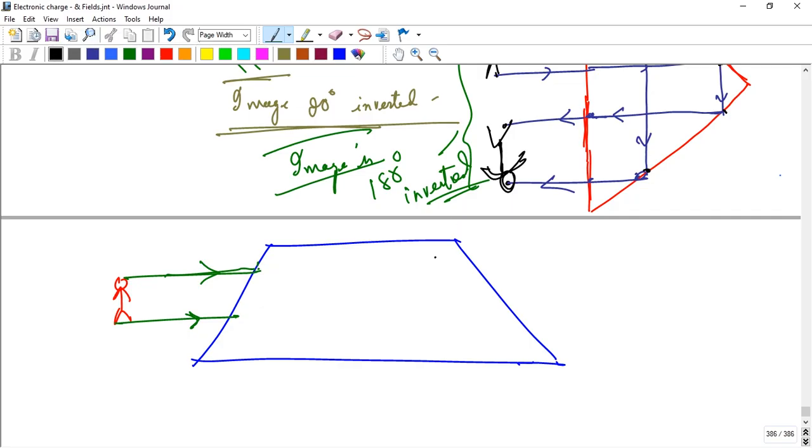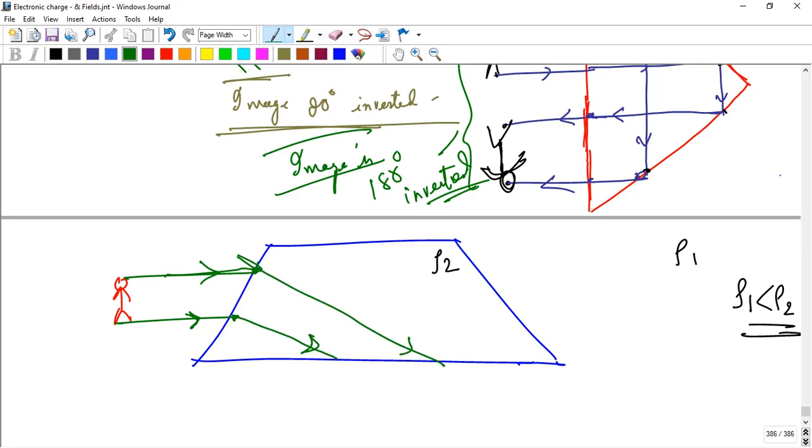Similar condition: the inside is 2 and the outside density is 1, so outside is less dense than inside, which is optically denser. So there is some bending towards the normal, and similarly here, and then total internal reflection.